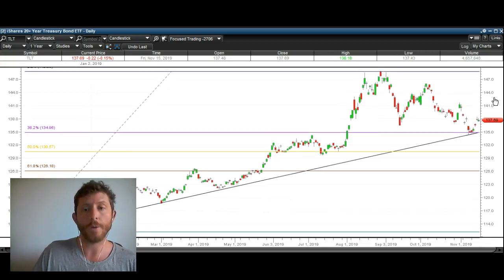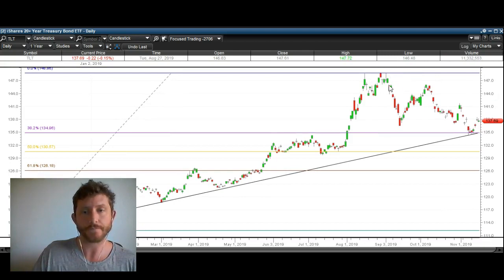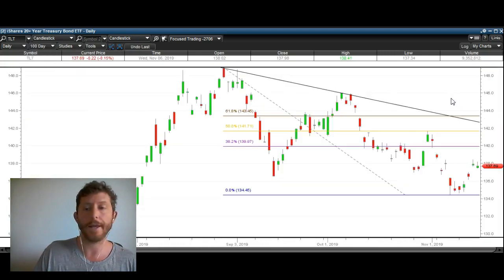We got short up here at about 148, and we've sold part of our longer dated puts for a very nice profit down here. We're still hanging on to some longer term puts, but if we come back up again to this level right here, I think it's a great shorting opportunity.